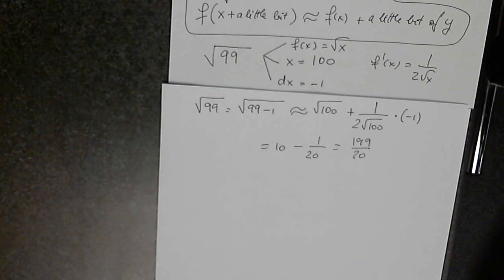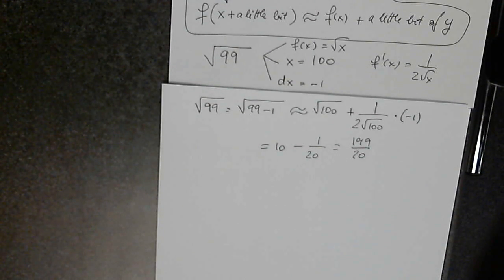The square root of 99 or 199 divided by 20. Everyone can divide 199 by 20. There is no discussion there. Which of these two would you live with? Right, the top one is the exact difference.